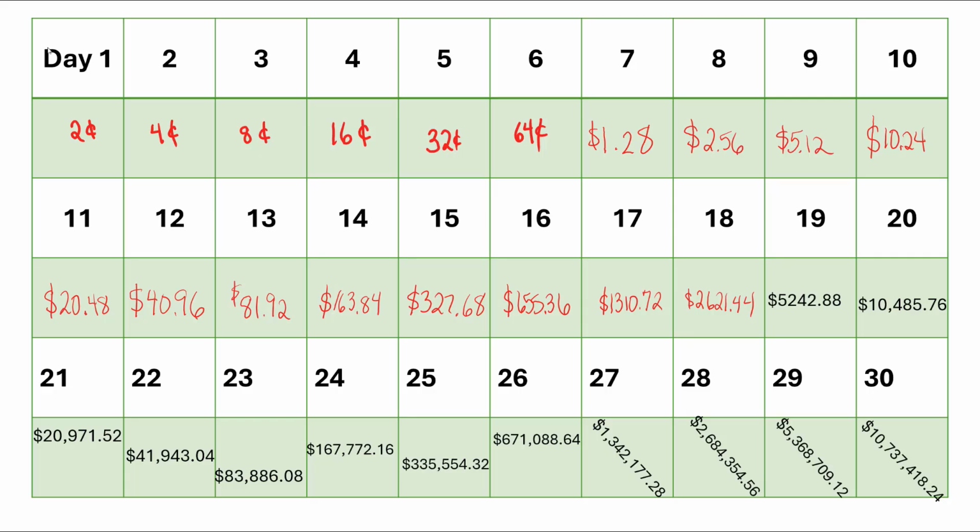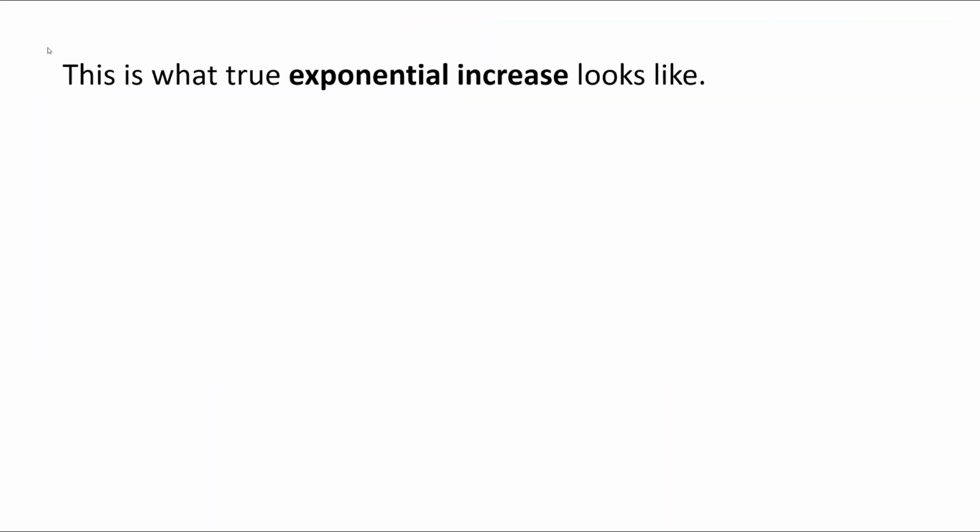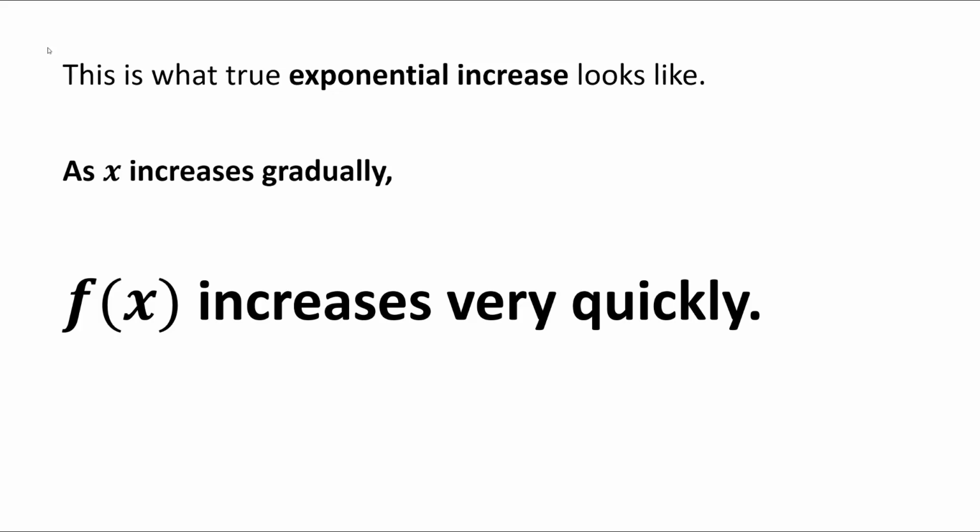So if you took the 2 cents a day, you were very smart, because this is what's called an exponential function. It is a function where x is in the exponent. And this is what true exponential increase looks like. As x increases gradually, f of x increases very quickly.